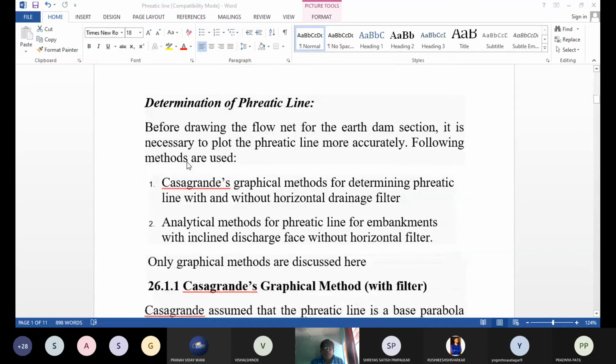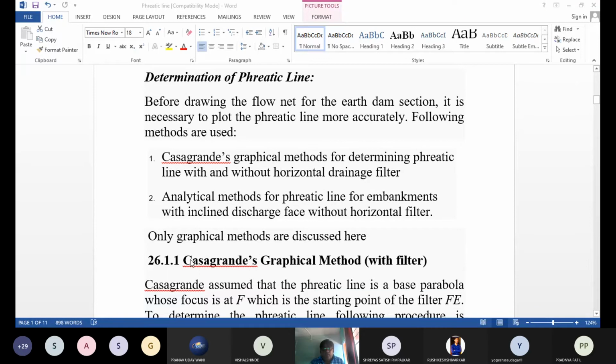Then the very important part is how to determine the phreatic line. For drawing the flow net for the earthen dam section, it is necessary to plot the phreatic line more accurately. Then the construction procedure: how to draw the phreatic line. The following methods are utilized. Casagrande's graphical method is utilized.